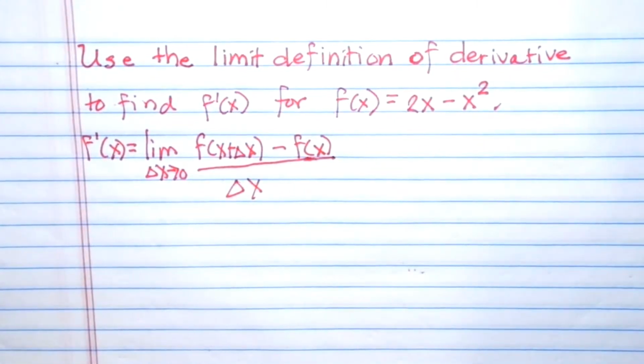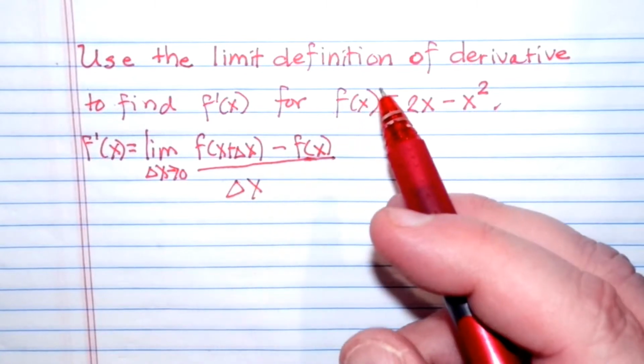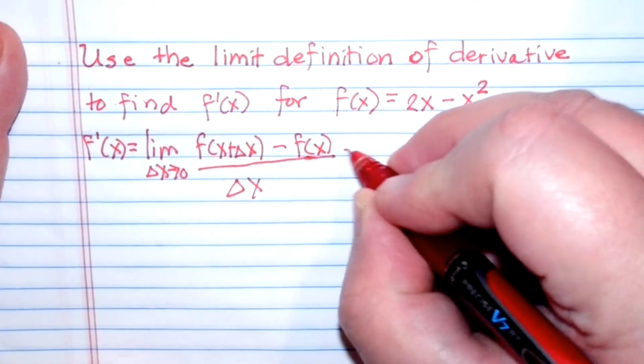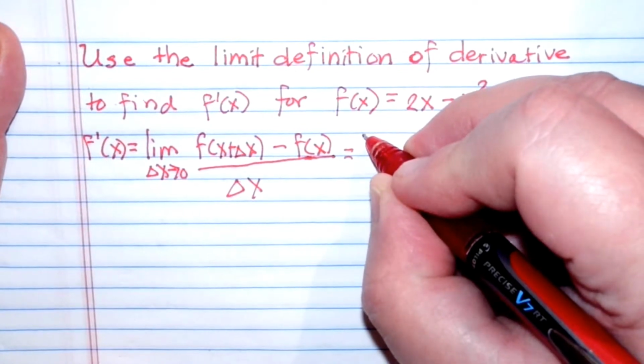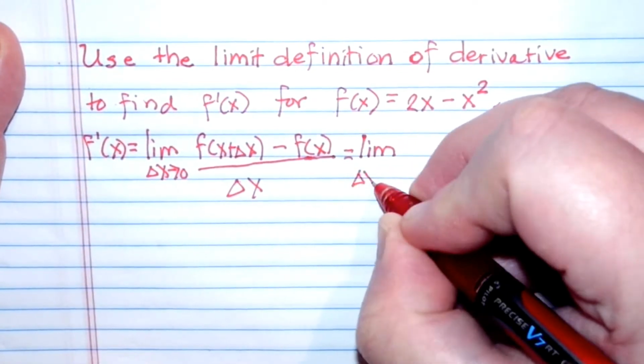Now, there are actually two different variables here. There's x and there's delta x. They are completely different. They are independent of one another even. So, let's talk about how to evaluate this.